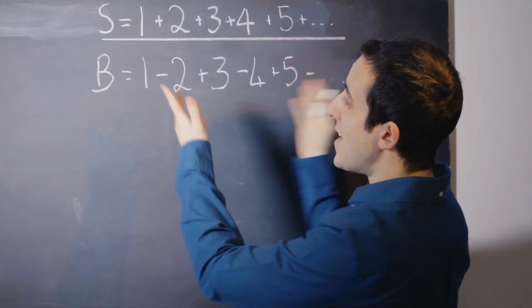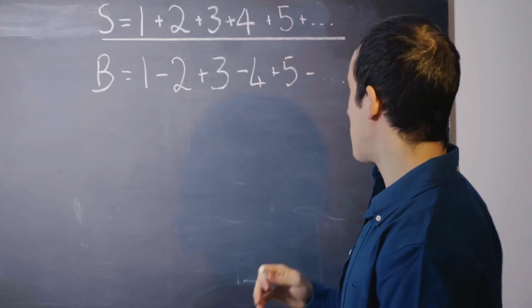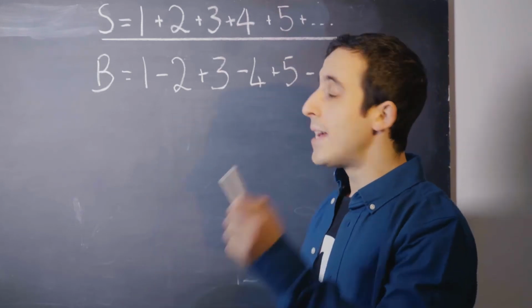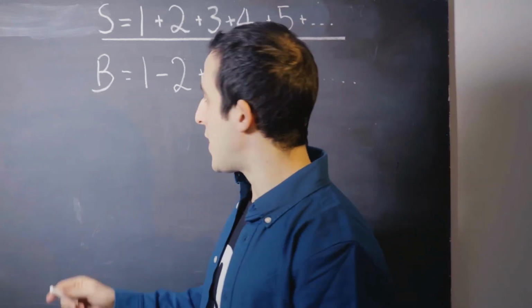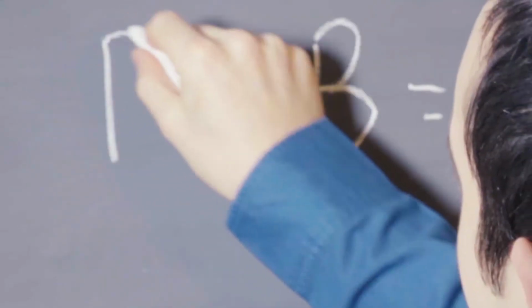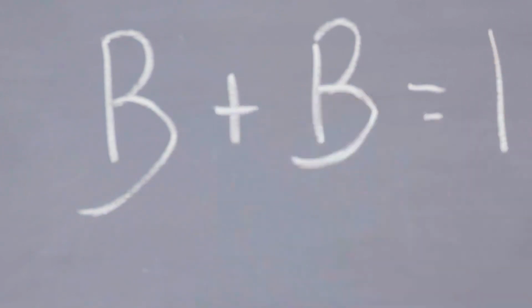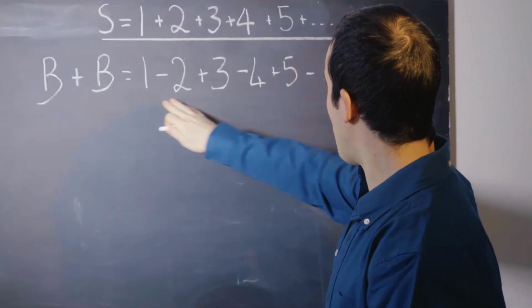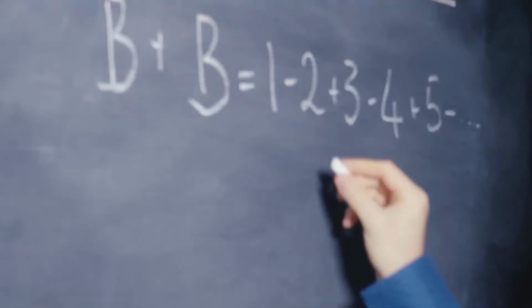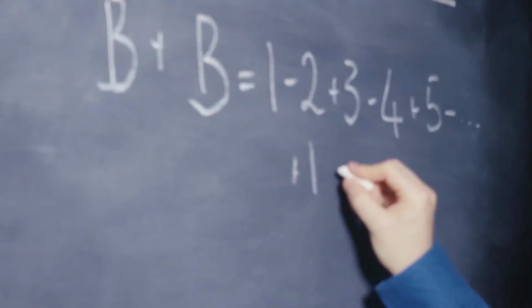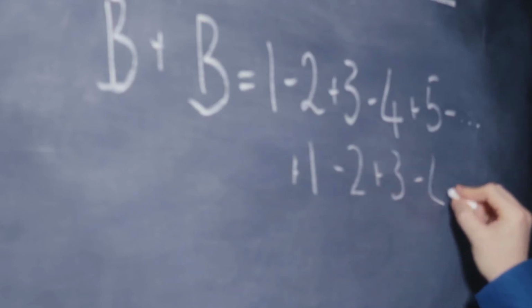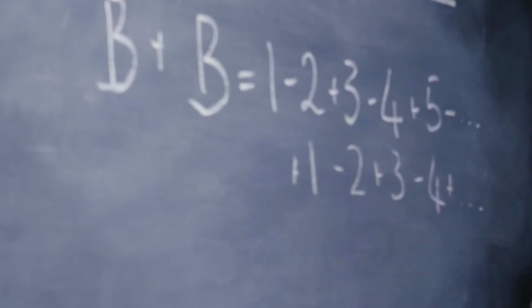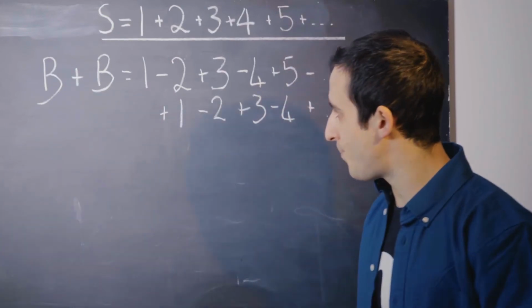So now this is really unobvious what this will equal as we go to infinity, right? But like we did for A, we can add B to itself and see what we get. So B plus B. I've got my first B here, and just like I did for A, underneath it I'm going to write the second B. So plus 1, minus 2, plus 3, minus 4, and so on.